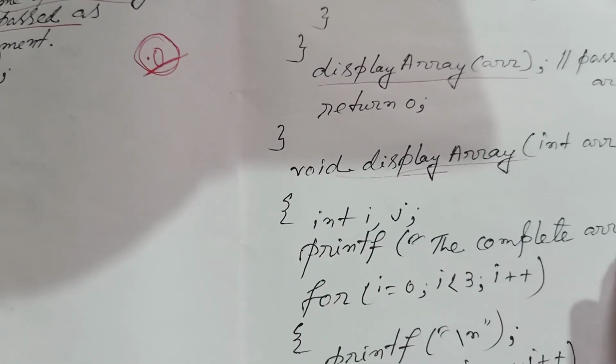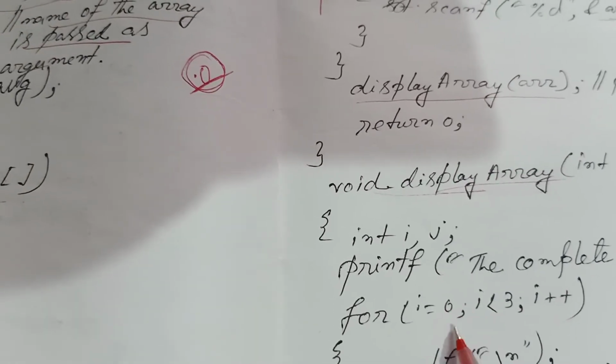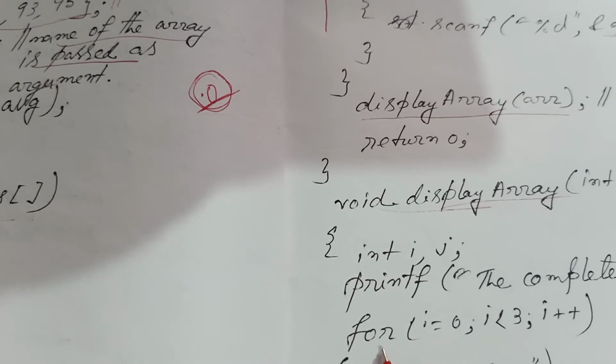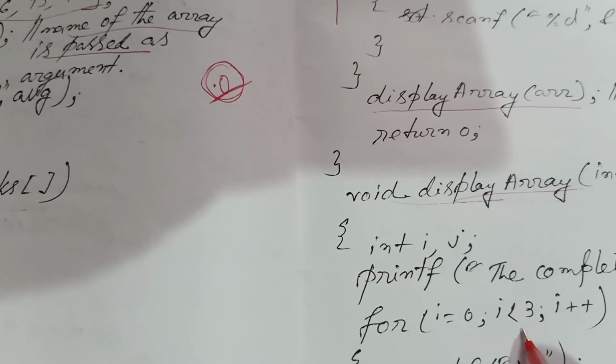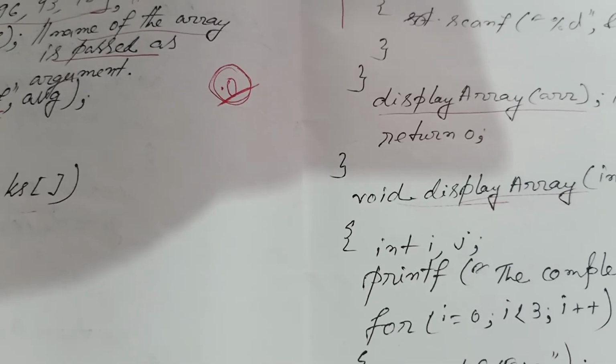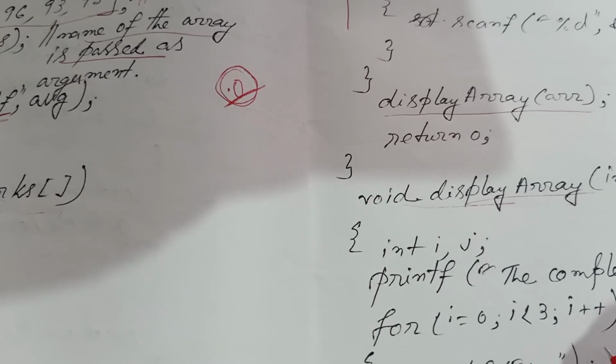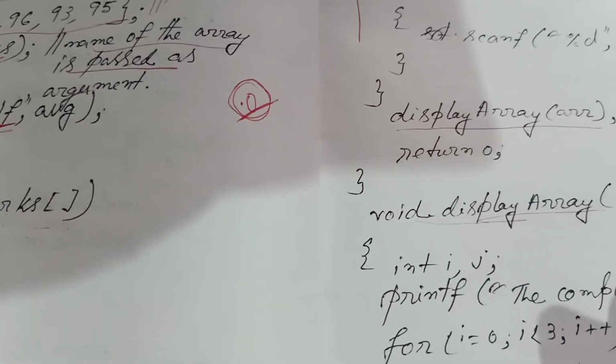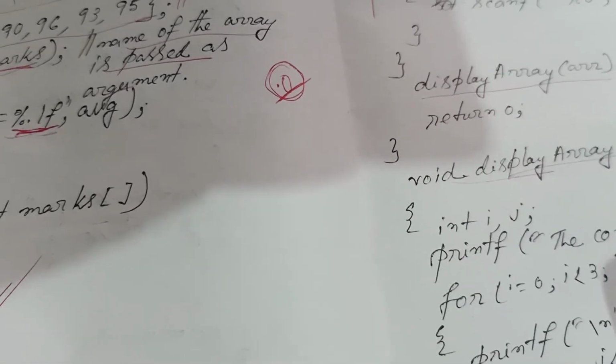Printf the complete array is, okay, we are showing the complete array. For i equal to 0, i less than 3, i plus plus, printf the slash n we are using. Why are we using the slash n?